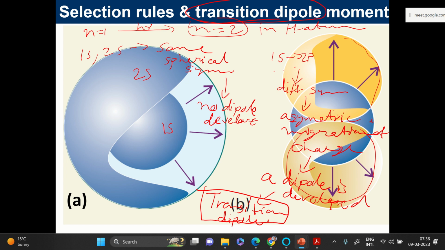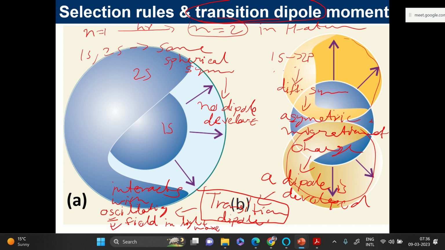Light, when you are viewing light as a wave, has oscillating electric field vectors, and this transition dipole interacts with the oscillating electric field in the light wave. लाइट में जो ऑसिलेटिंग इलेक्ट्रिक फील्ड है उसके साथ इंटरेक्शन होगा और तब एनर्जी एब्जॉर्ब होगा.